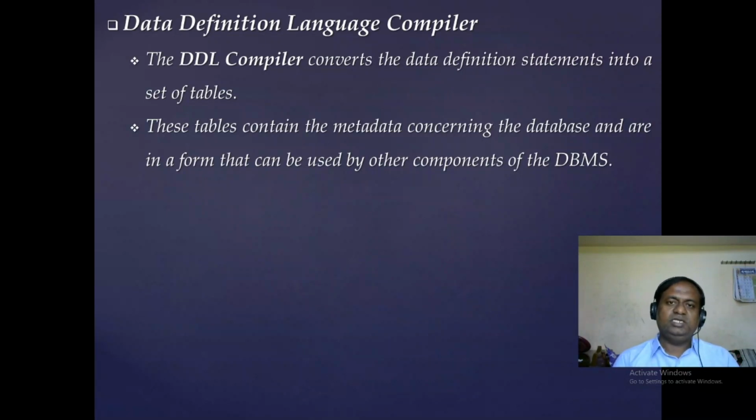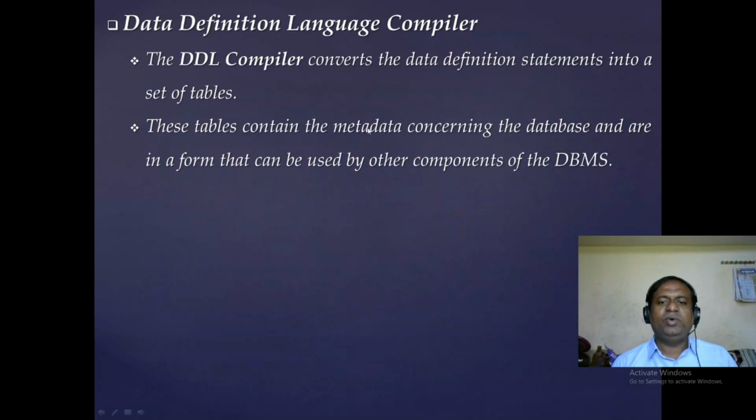So whatever commands we execute in order to create data in our database, those statements will be converted into machine readable format, and that machine readable format will be executed to create tables. These tables contain metadata concerning the database and are in a form that can be used by other components of the database management system.